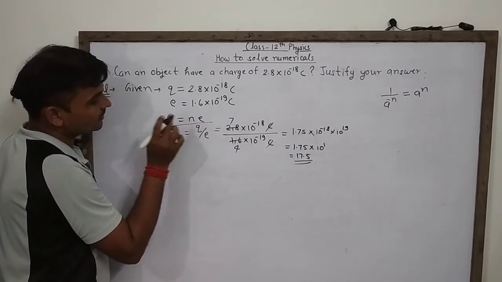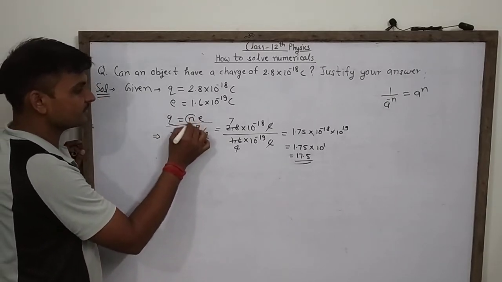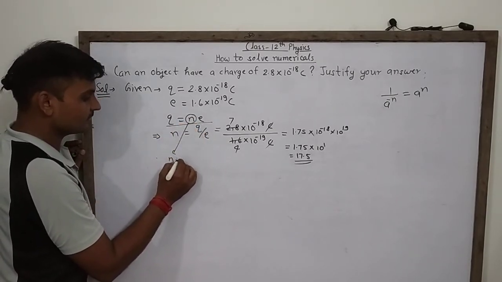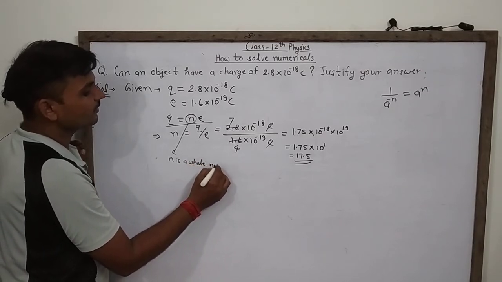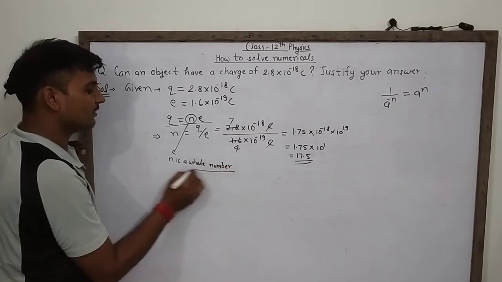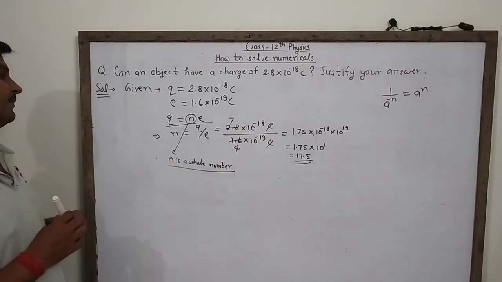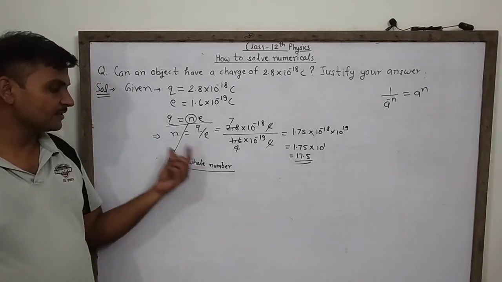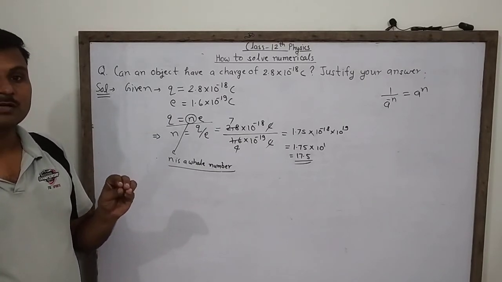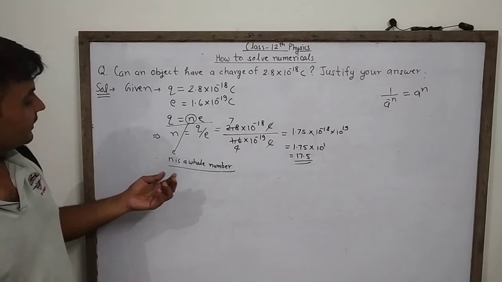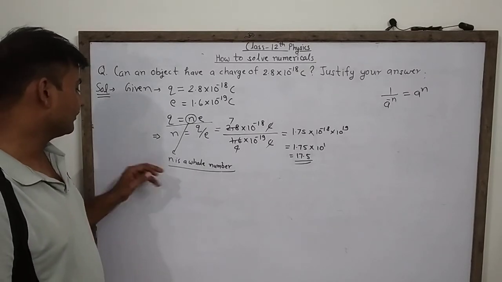It means N is a whole number, or if we take the sign of the charge, then N is an integer. Whole numbers and integers are full numbers, and they do not have fractions.